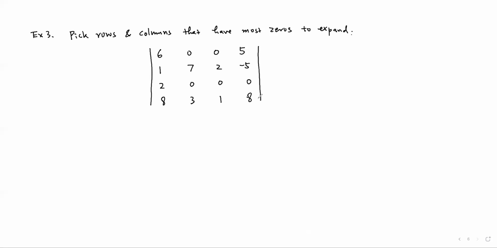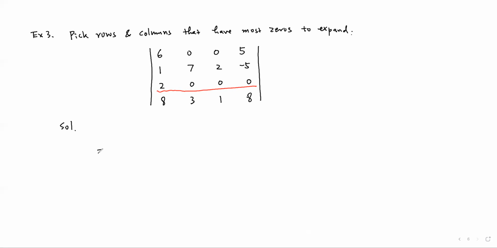Because we can expand a determinant across any row and down any column, to save work, it is wise to pick a row that has most zeros or a column that has most zeros to expand. Solution. Let me see. I can see that the third row has most zeros. So I expand the determinant across the third row.